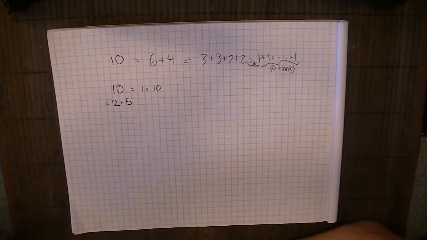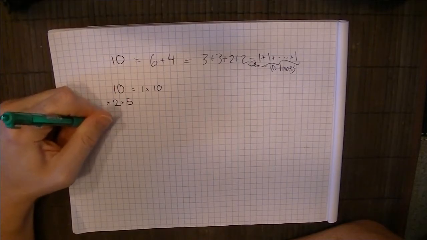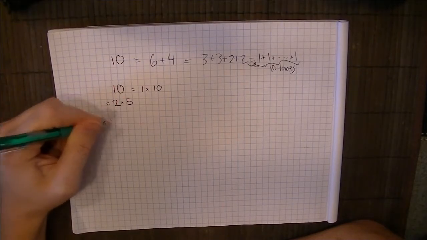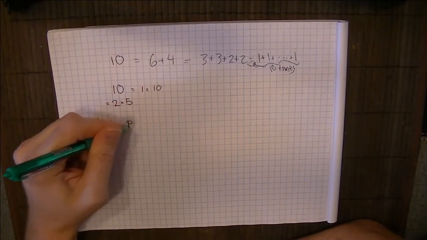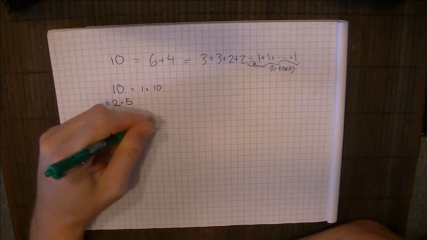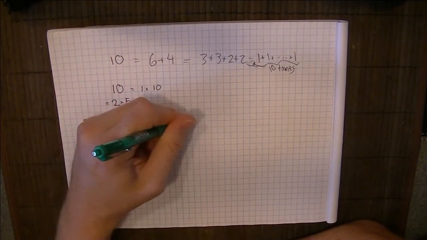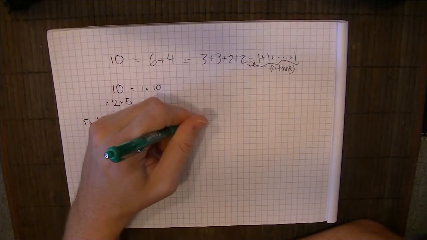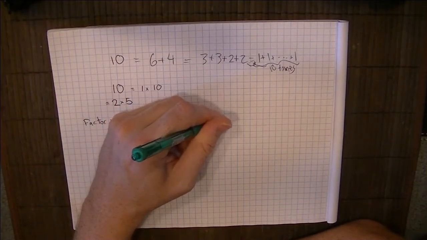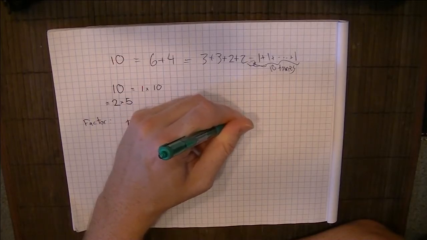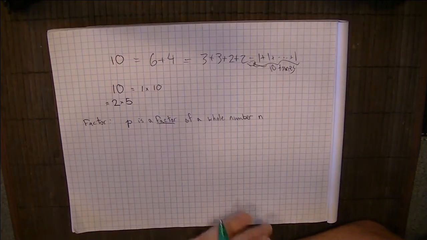So let me just write down a quick definition of what a factor is. A factor, so definition, we can say that P is a factor of some whole number, let's call it n, just so that we have something to represent that whole number.